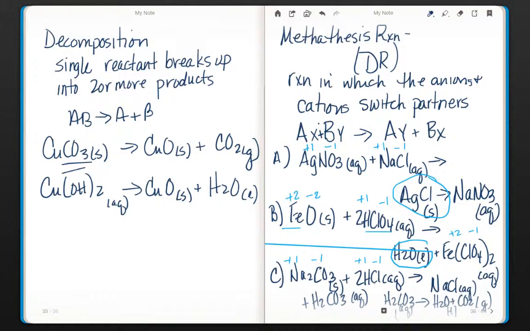So my Na hooked up with my Cl and my 2 H's hooked up with my CO3 to make H2CO3 aqueous. However, in this reaction there was a second reaction that took place, and that was the decomposition of the carbonic acid into water and carbon dioxide gas. So a gas was produced.